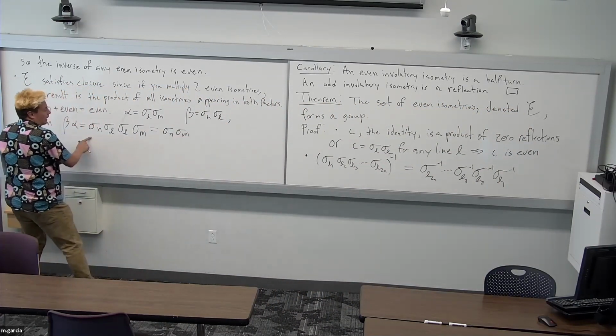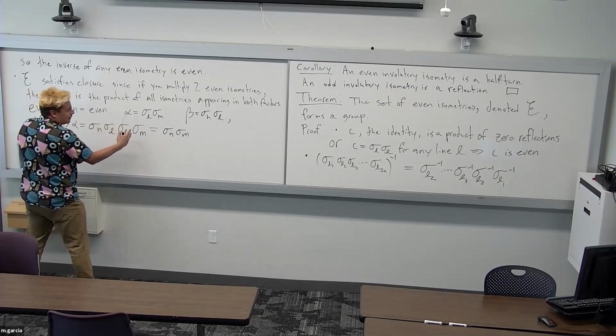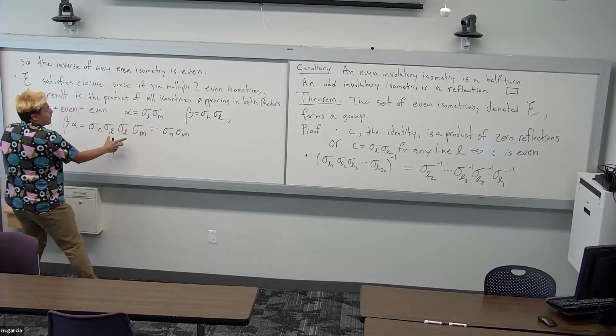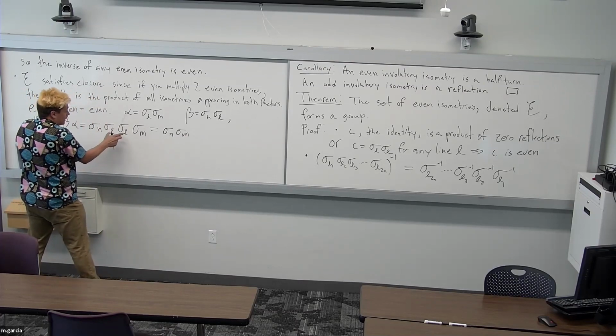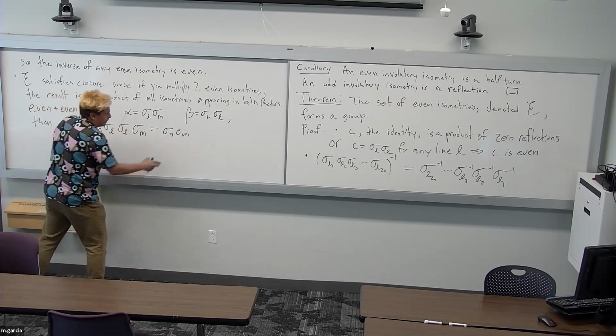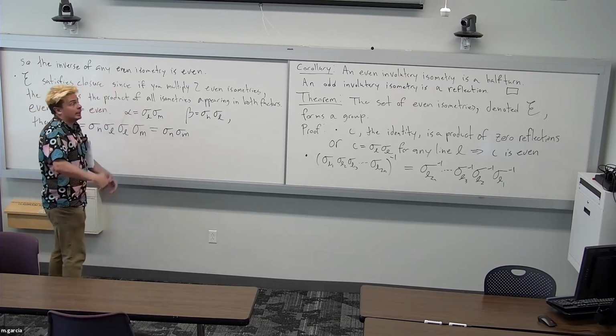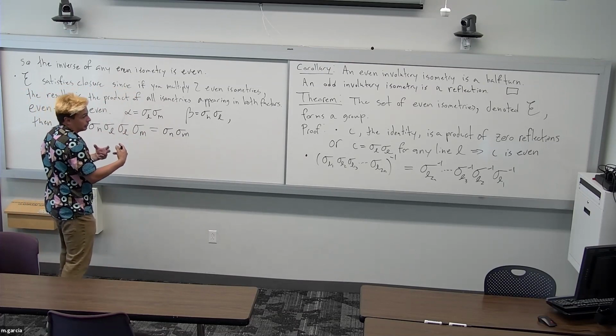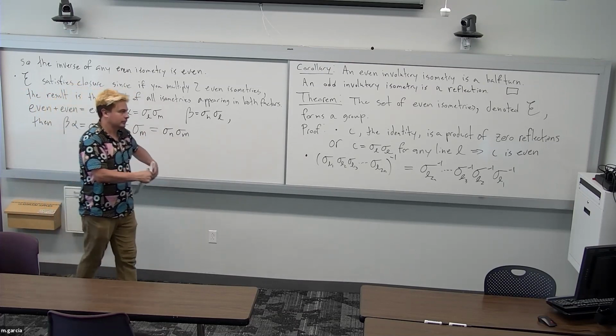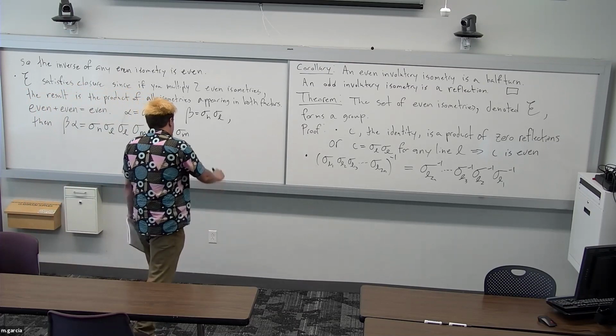I multiply them all together, and I get 4. But then I might get cancellations, right? It might happen that the middle terms cancel. But I'm still even because I have an even number, and I'll take away pairs at most. So I'm still even.